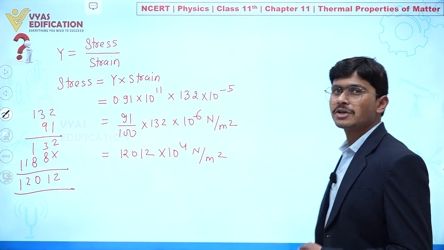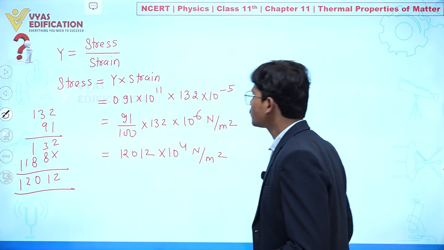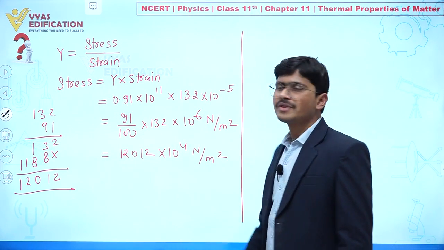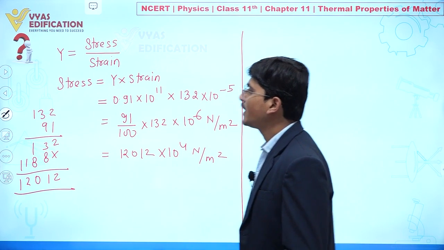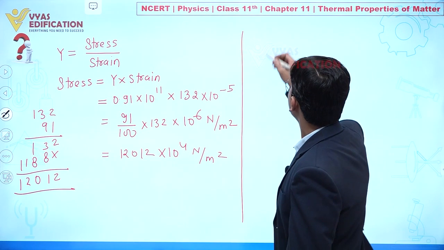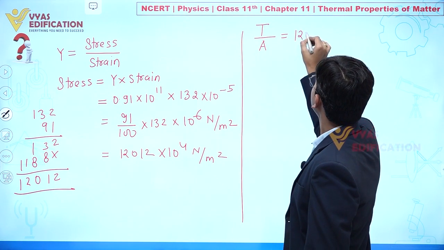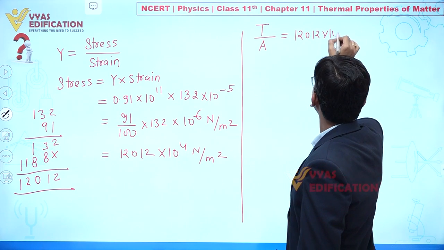But what is our objective? Our objective in this question is to calculate the value of tension. We know stress is defined as internal resisting force per unit area, clear? So tension divided by area is equal to 12012 into 10 to the power 4.